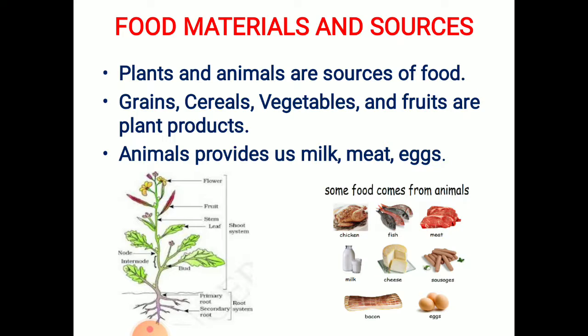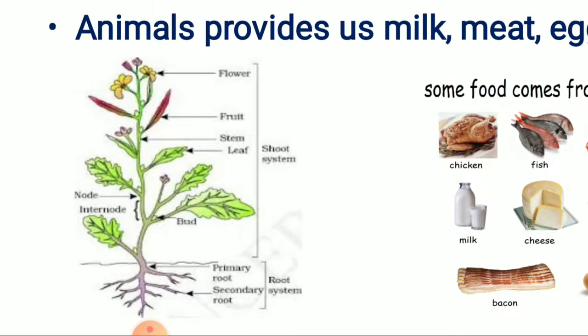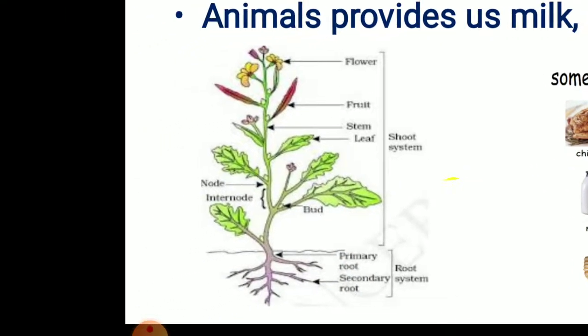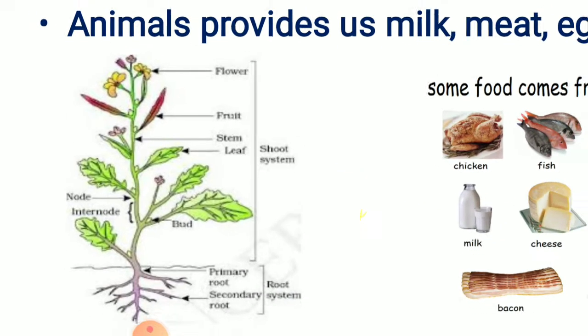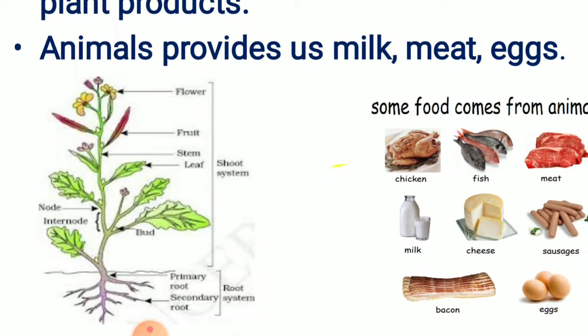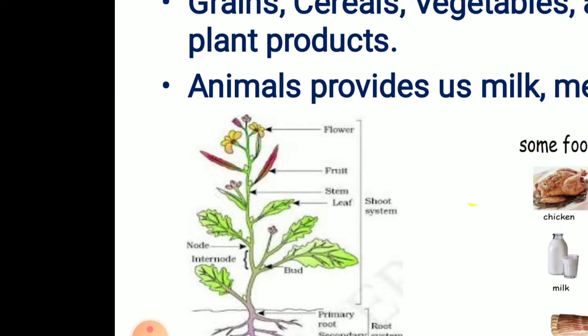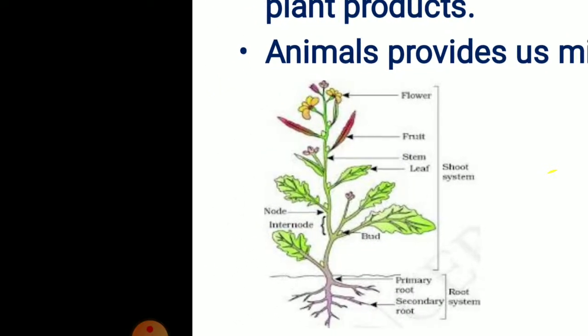If you see the picture, a plant has mainly five parts: root, stem, leaf, flower, and fruit.